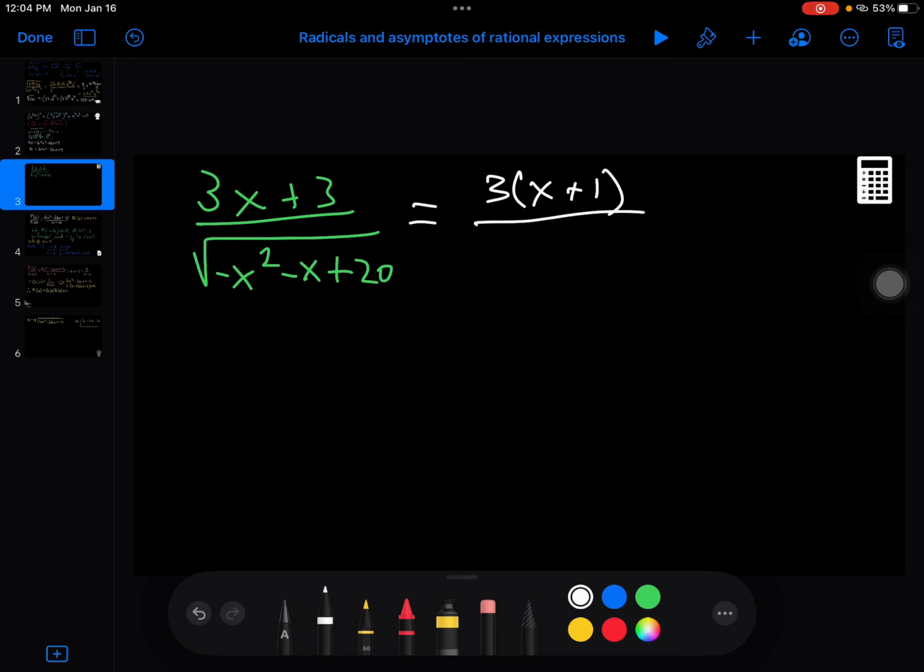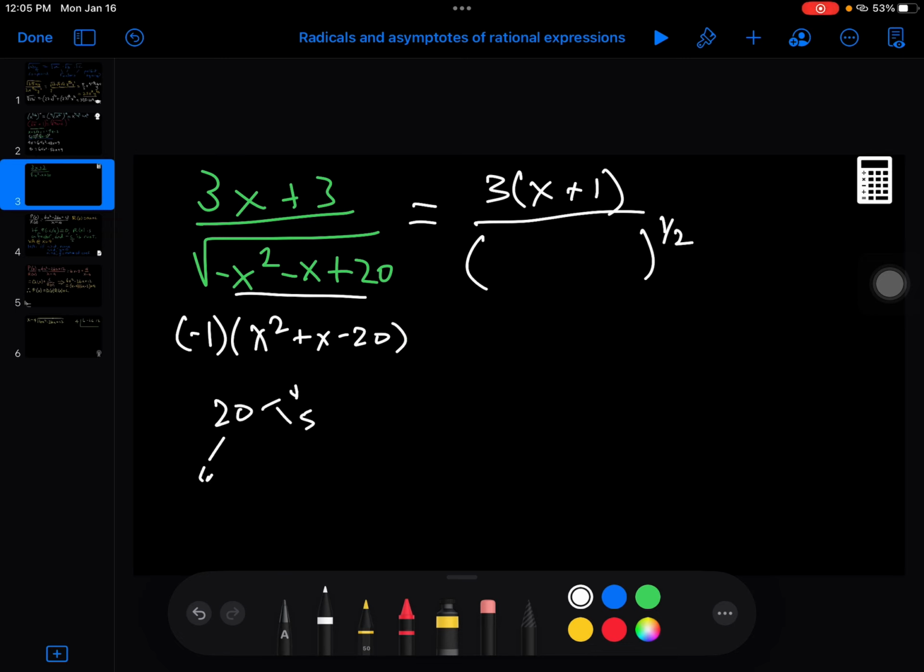And then on the bottom, let's look at the inner function here. So this is all going to be to the 1/2 power. Negative x, well, let's see. How about if we just took out a negative 1 first? Negative 1 times x squared plus x minus 20. Well, that's easily factorizable. The factors of 20: 4, 5, 10, 2, and that's it.